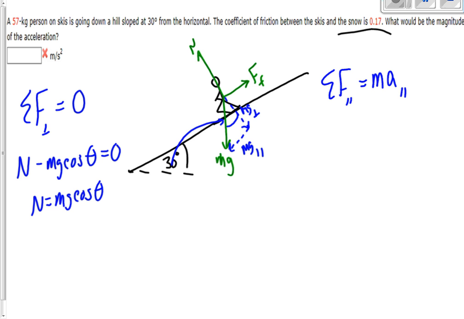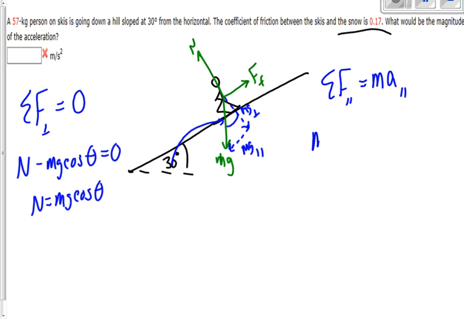So I have two forces now. Normally, we don't have up and down or left and right. I kind of have both, but I normally just pick the direction of motion to be positive. So I'm going to say down the ramp is positive. If you want to call up the ramp positive, it doesn't really matter as long as you use the right signs. But since he's accelerating down the ramp, I'm going to leave a positive.